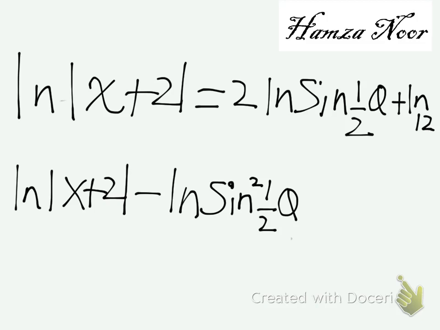In trigonometry, sine theta the whole thing squared is sine squared theta, and cos theta the whole thing squared is cos squared theta. So in this case, this will be ln sine squared half theta plus ln 12.